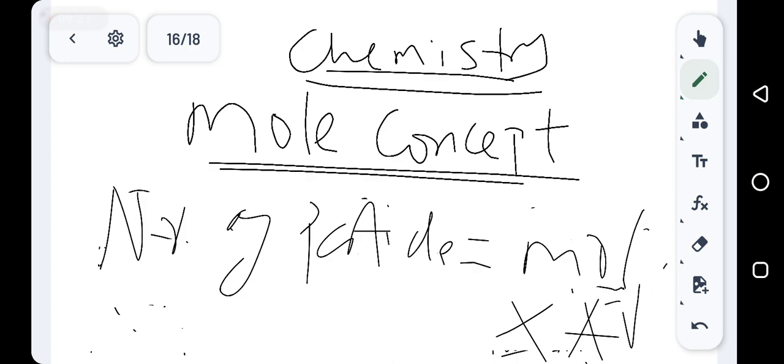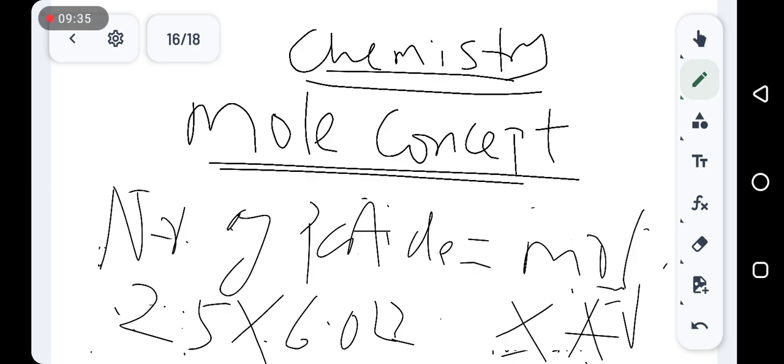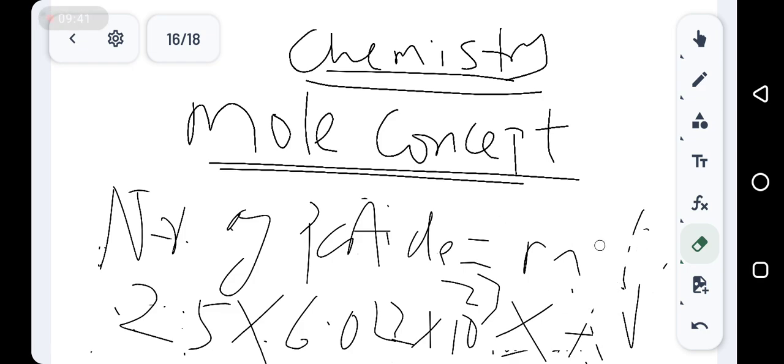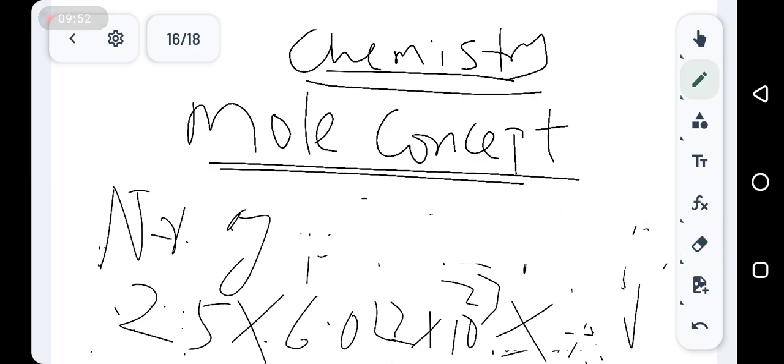The mole that is given to us is 2.5 moles. Then the Avogadro's number is 6.022 times 10 raised to the power 23. When you multiply these, the number of particles, the answer, is going to be 1.5055 times 10 raised to power 24.